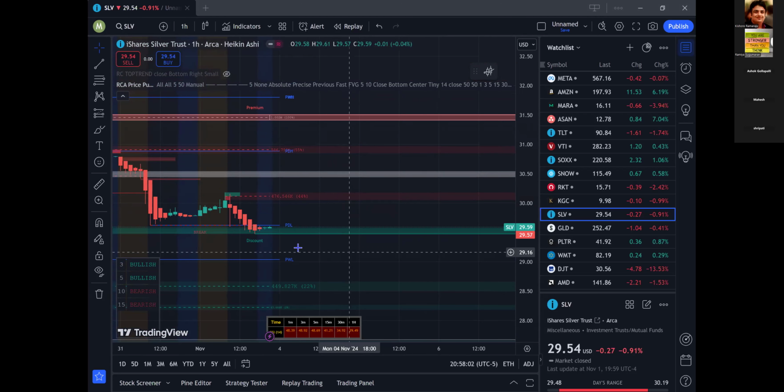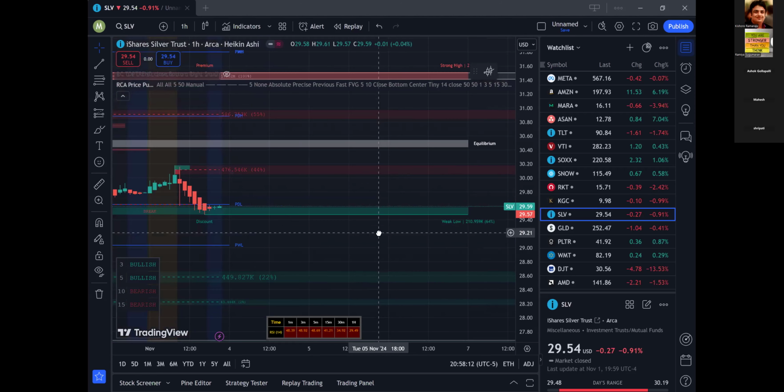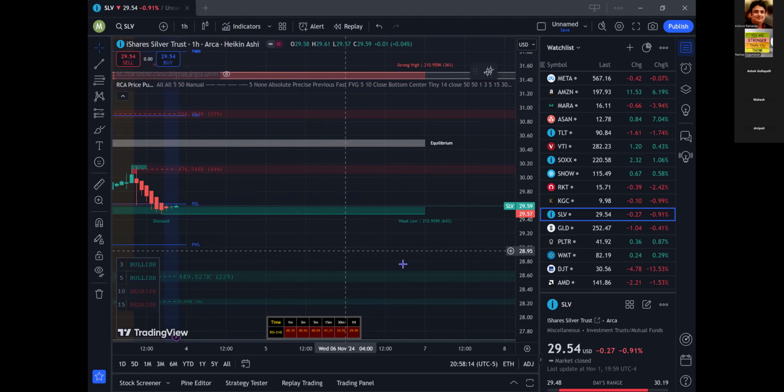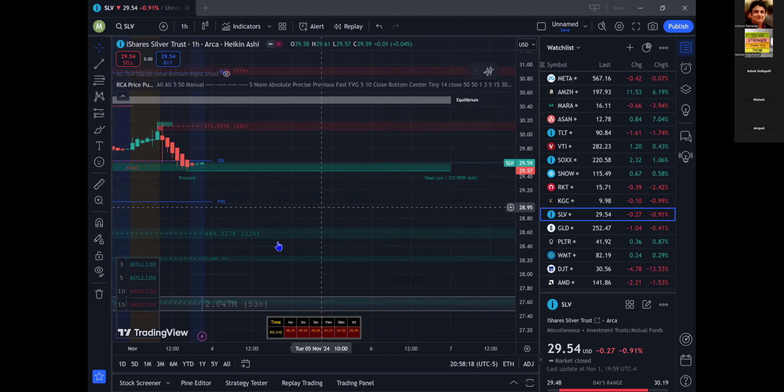If you see the SLV, it is in the discount, but there is no major order block there. For example, if it comes to 28.6, there is a huge order block, 449,000 orders.